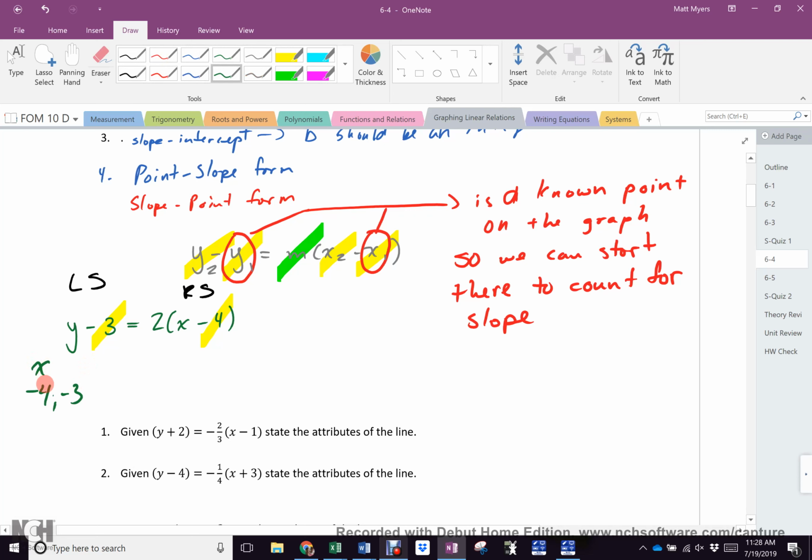So where should it go? Right there, correct? That's a y value, right? So where should it go? Right there, correct?